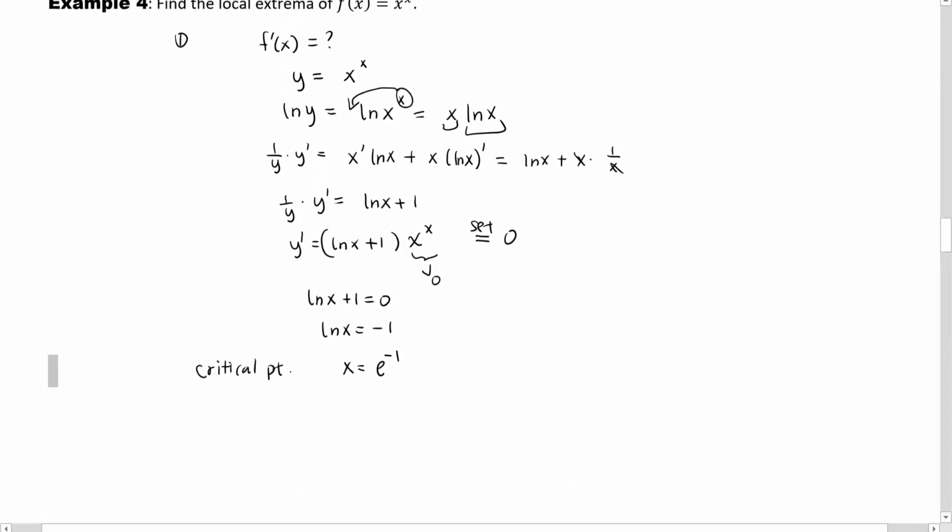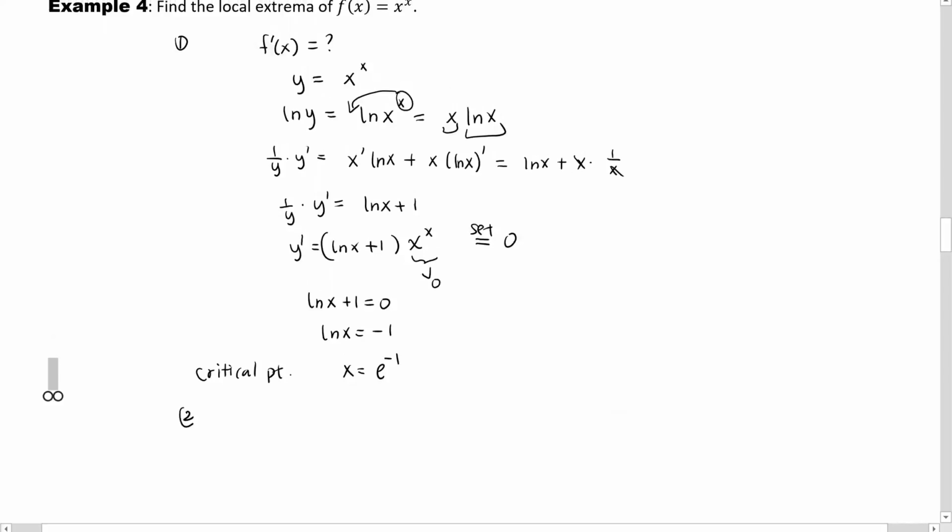Well, the domain of this function: if you see the exponential function, then the base has to be positive. Okay, so that's why we have 0 to positive infinity.